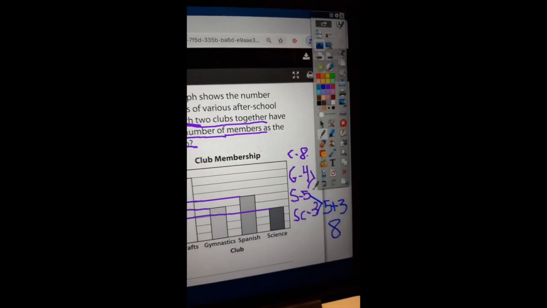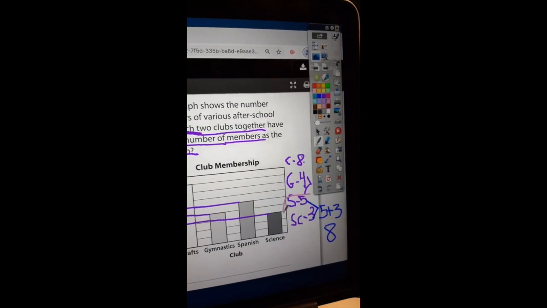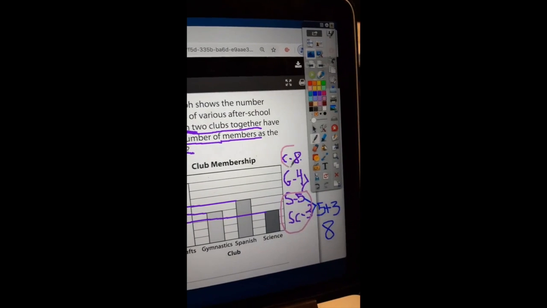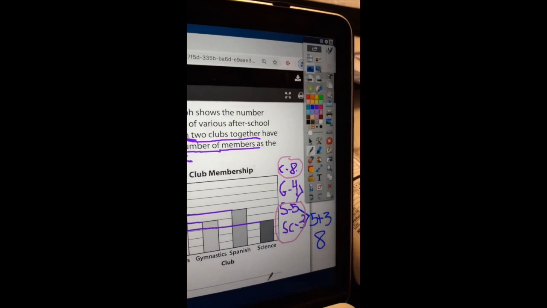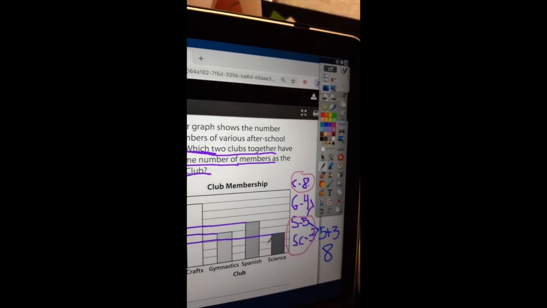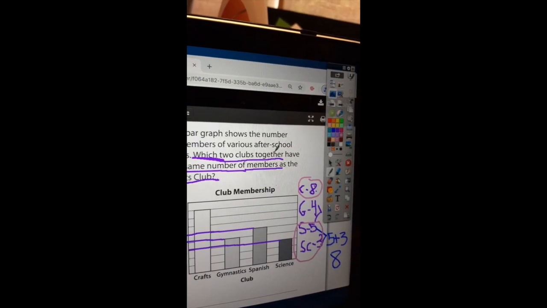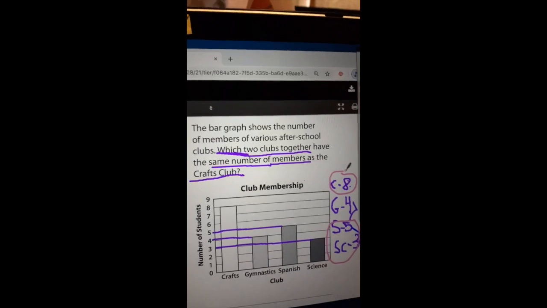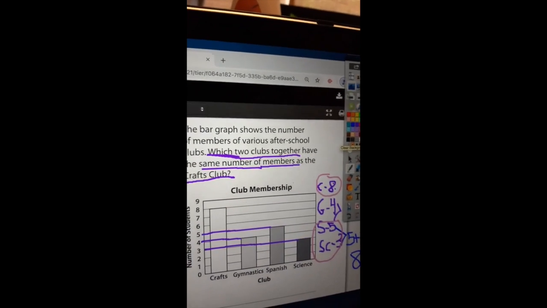So this will let us know that the science club and the Spanish club together will equal the same number of students participating as the crafts club. So the 2 clubs that have to be together in order to get the exact same number of students as the crafts club would be the science club and the Spanish club.